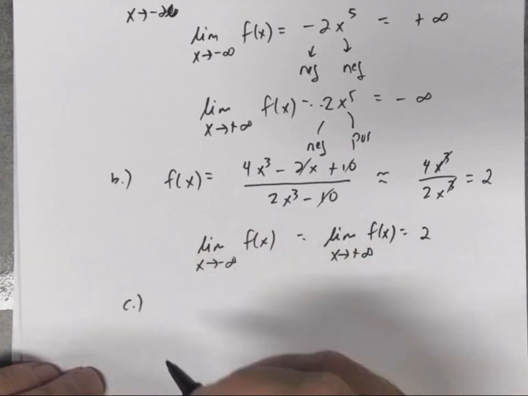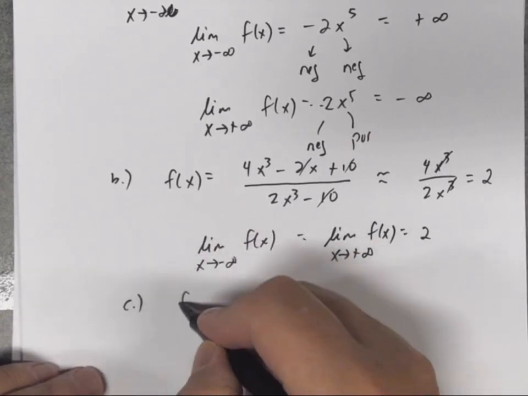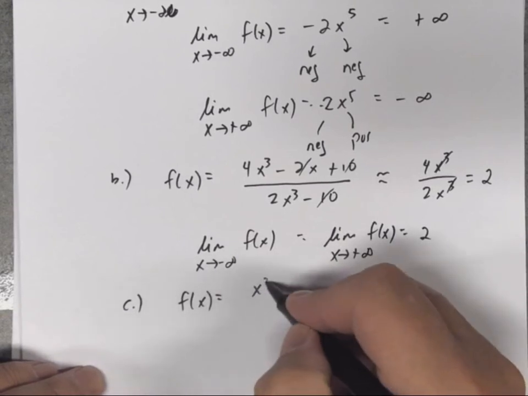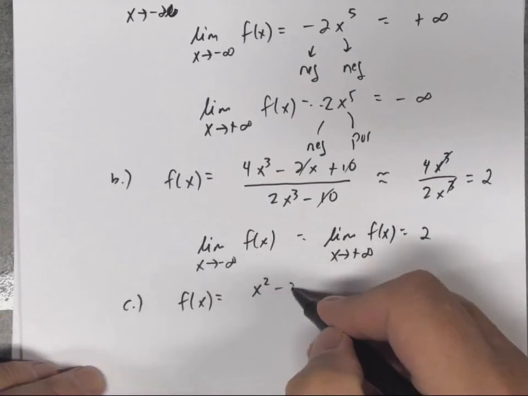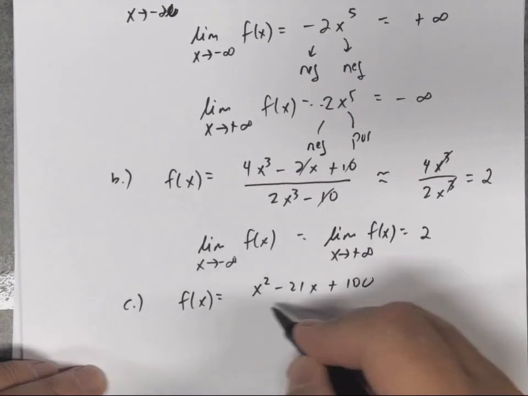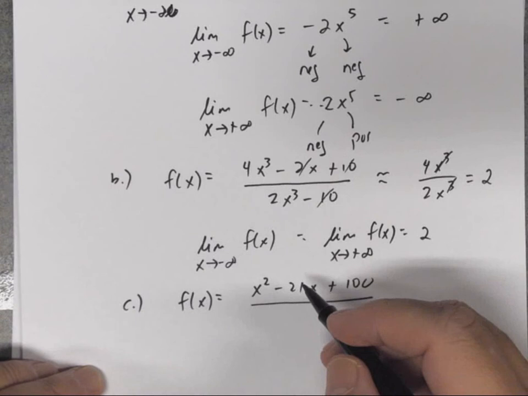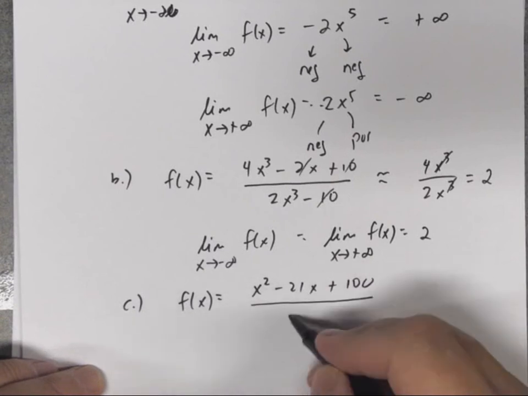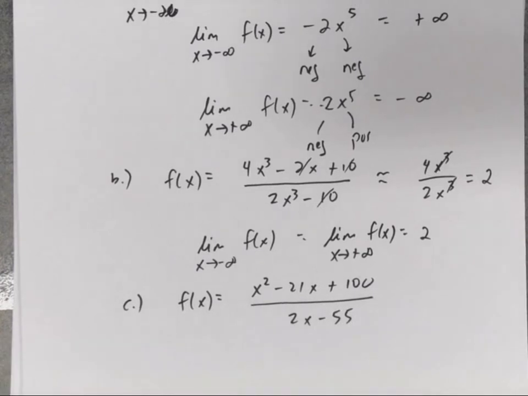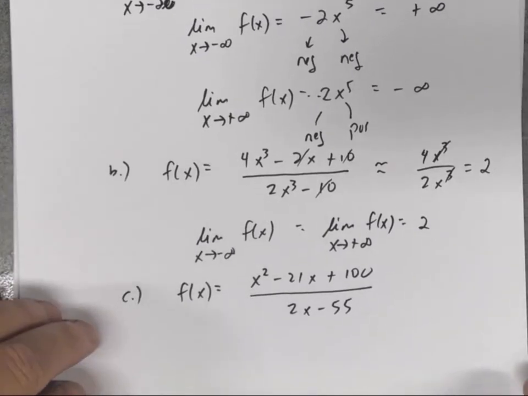Okay, a couple more examples. Here's another fraction, x squared minus 21x plus 100 over 2x minus 55. Once again, let's reduce this down to an approximation of the leading terms.